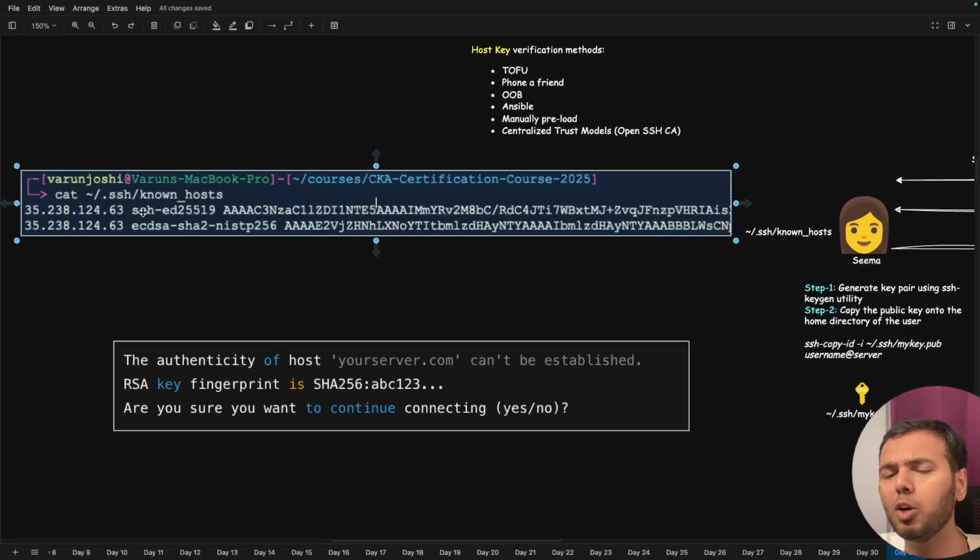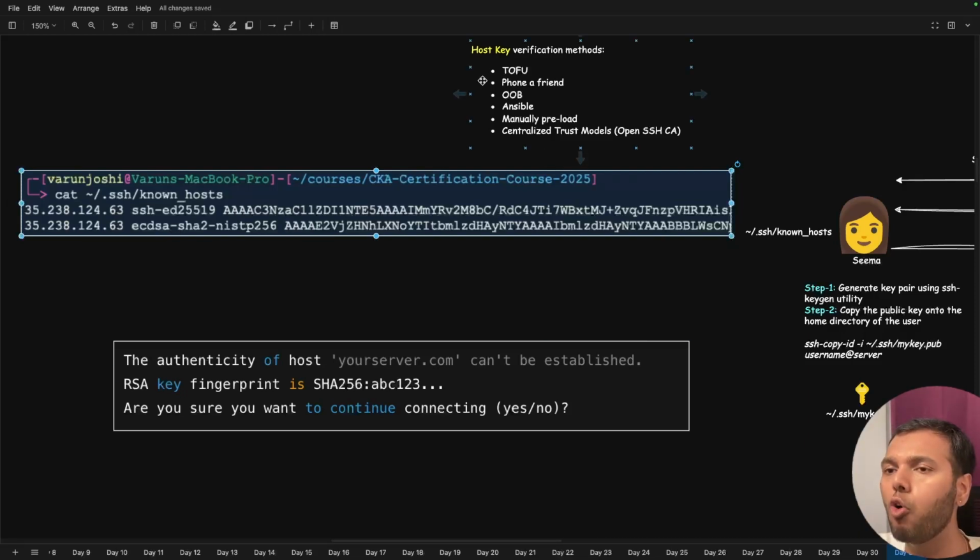There are two algorithms used here, because I would have connected to this server using the key pair associated with ED25519 and a key pair that was generated using the ECDSA algorithm. So this is fine. Trust on first use is fine.